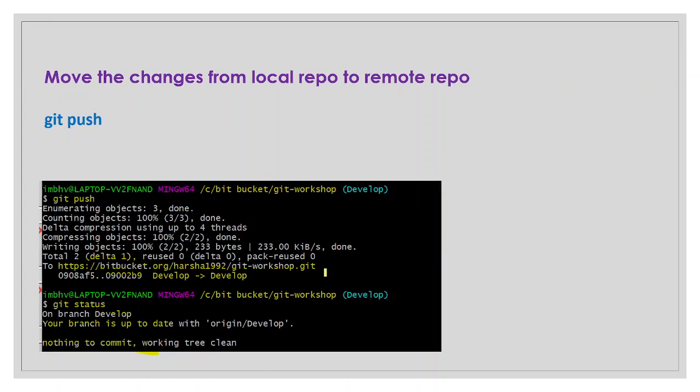Now nothing to commit, nothing is there in staging or index, nothing I modified in my working directory. So everything is in sync with remote. That's the reason status is just showing everything is up to date.